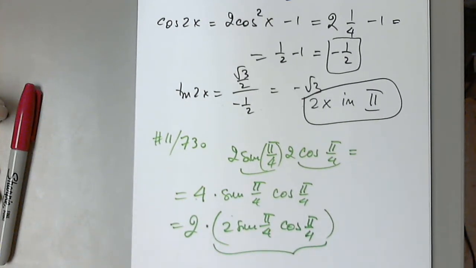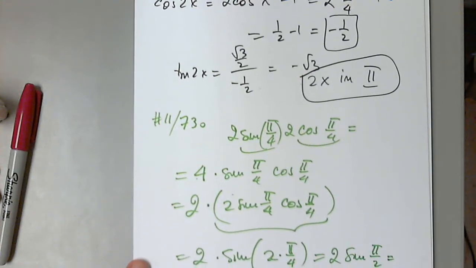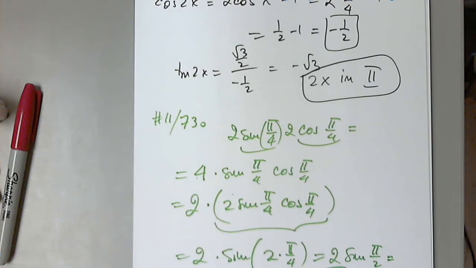This equals what? Two sine A cosine A. What does that equal? Sine 2A. Excellent. So that's 2 times sine pi over 2, which is how much? 1. Very good. So then the answer is 2. And we use the double angle identity.